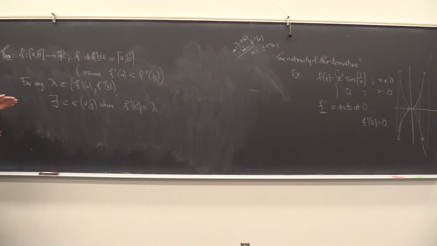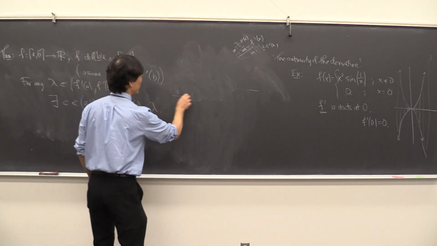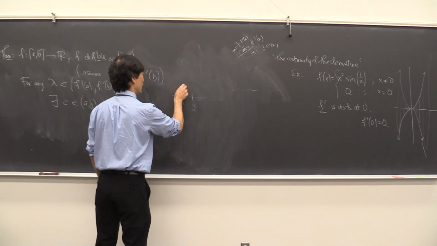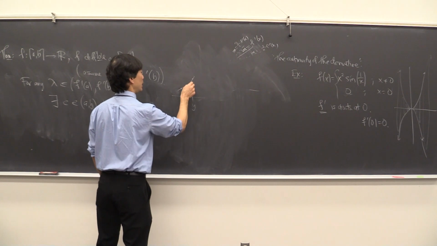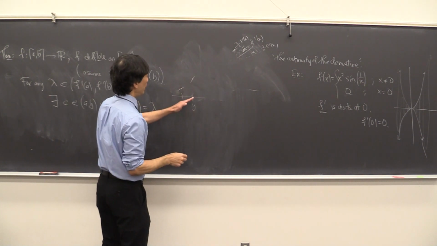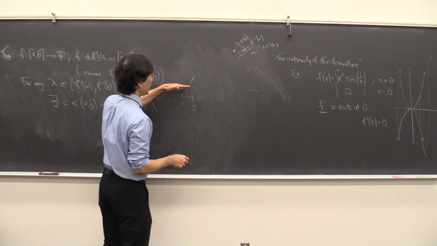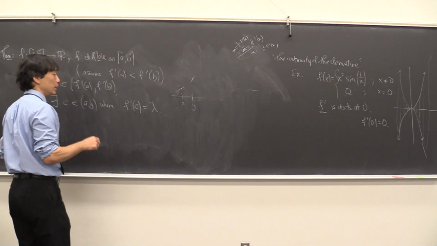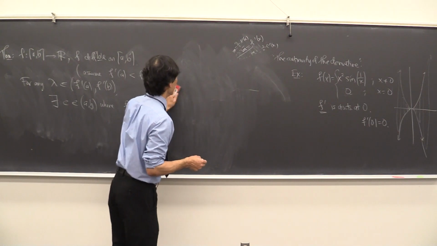Okay. So whenever you have two points x and y, and you have one slope here, and you have another slope here, you're guaranteed to attain all intermediate slopes. Okay, you're guaranteed to attain every single intermediate slope.